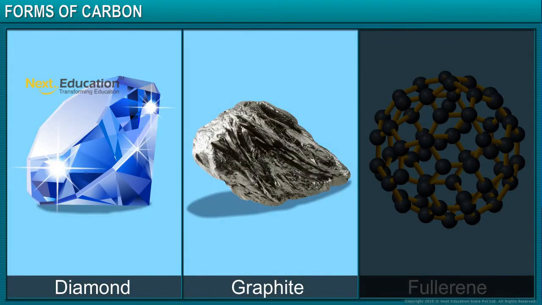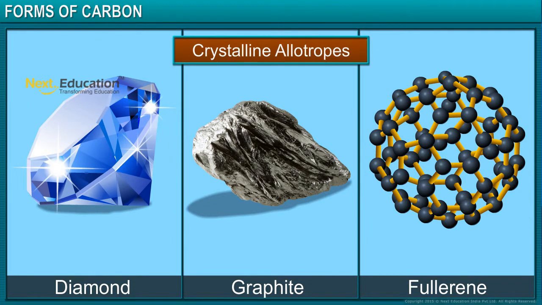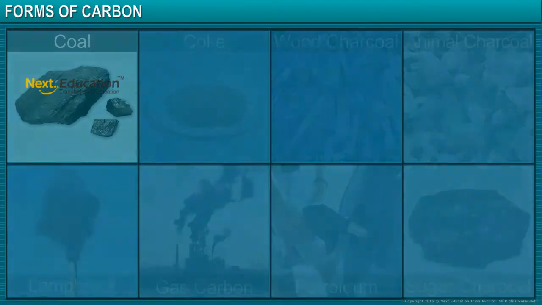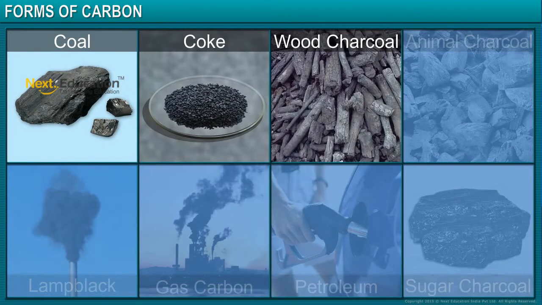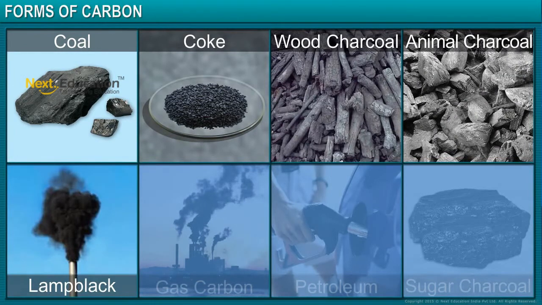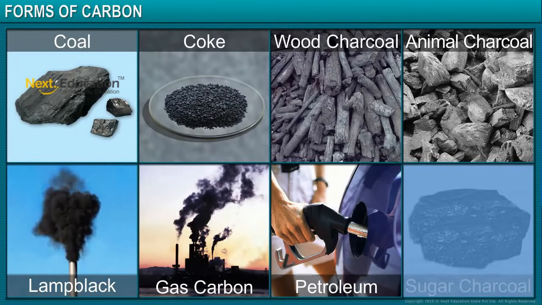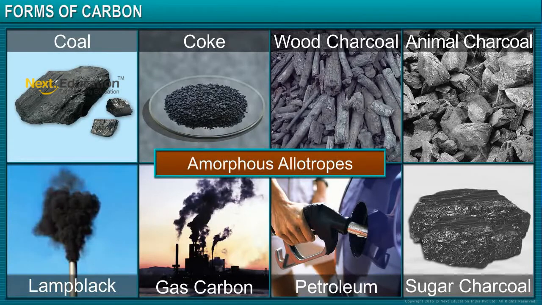Diamond, graphite, and fullerene are crystalline allotropes. Coal, coke, wood charcoal, animal charcoal, lampblack, gas carbon, petroleum coke, and sugar charcoal are the different amorphous allotropes of carbon.